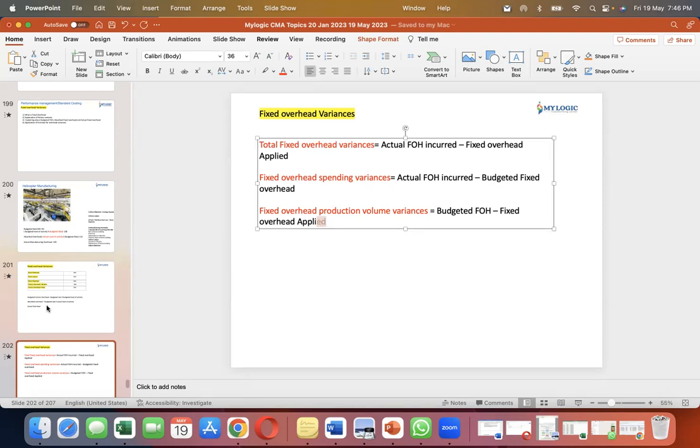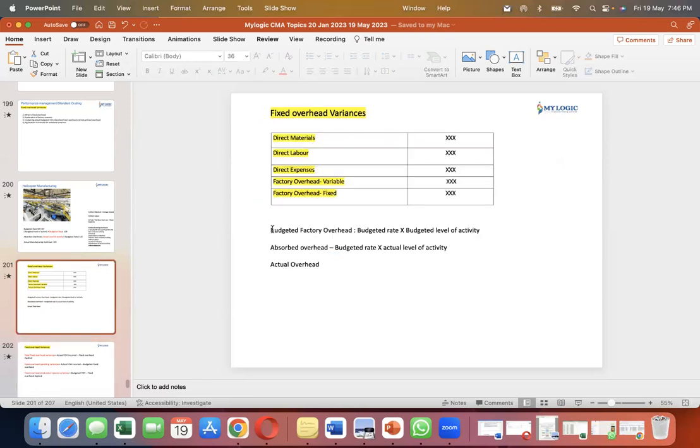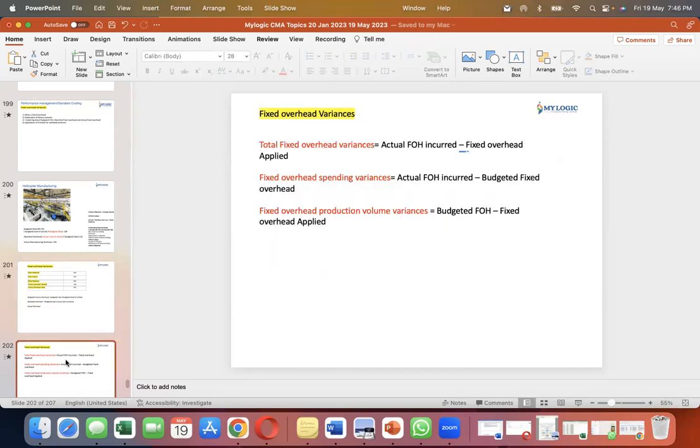So here the master chart is nothing but calculating budgeted fixed overhead, absorbed overhead, and actual overhead. Once you identify them, you apply these equations. Take a screenshot of these equations, please.